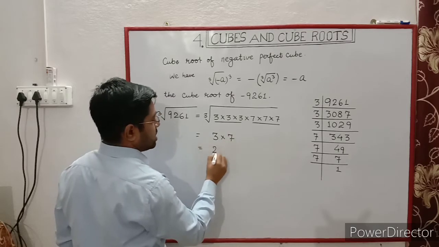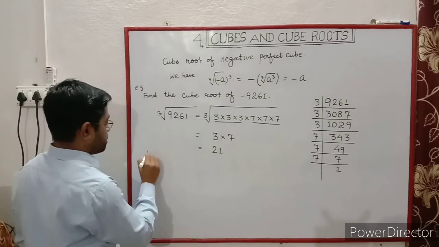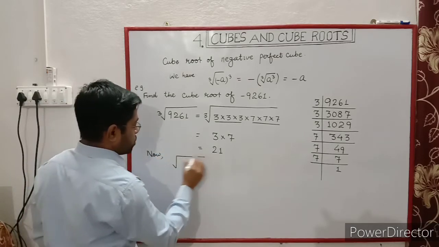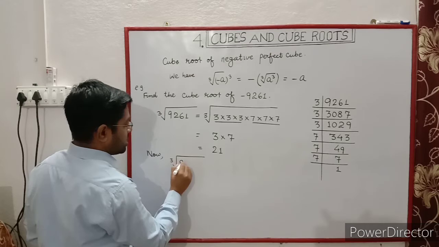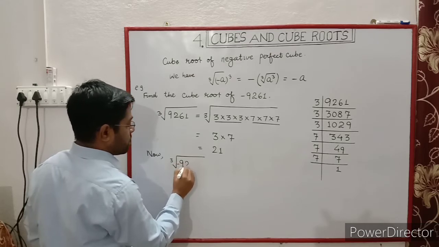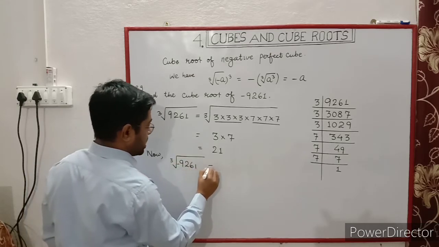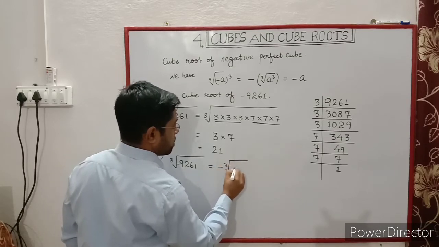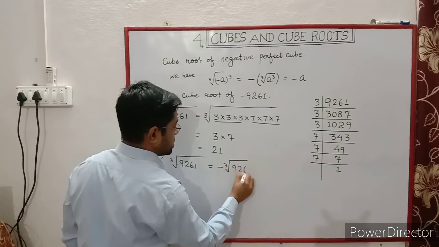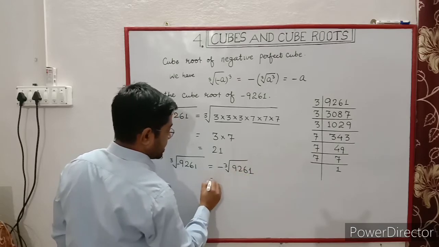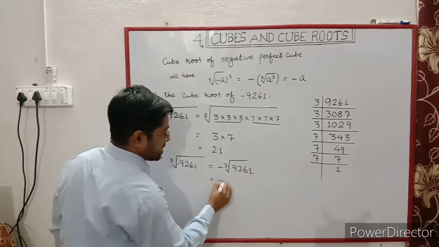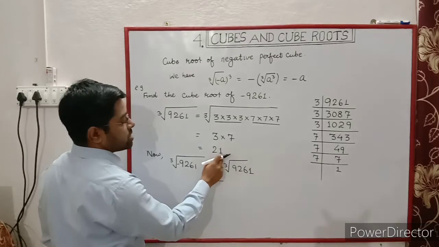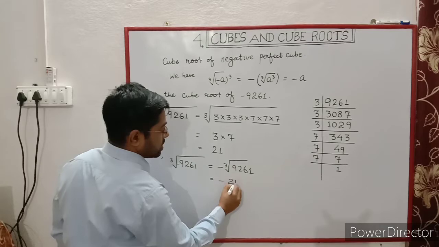We have 21. Now cube root of minus 9261, we can write here minus cube root of 9261 is equal to minus sign right here, and cube root of 9261 is 21.